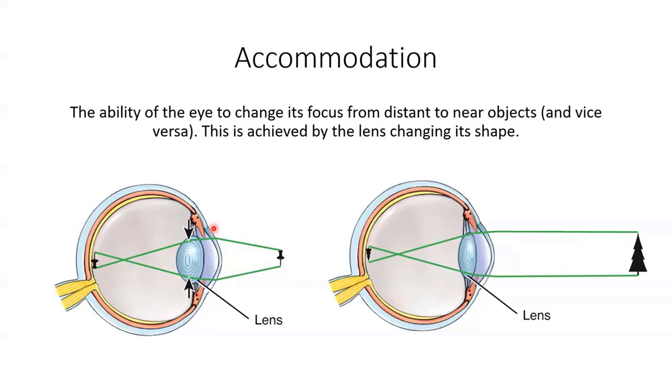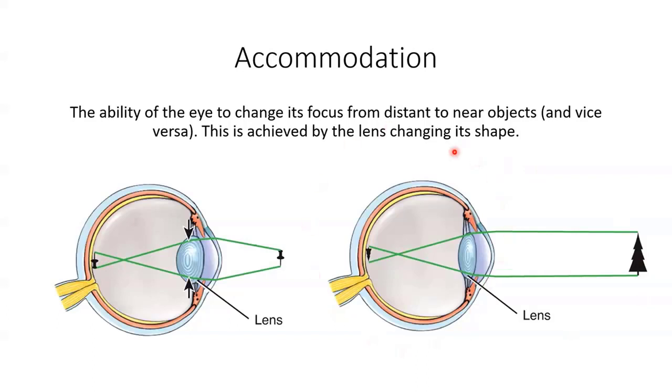Focal length in relation to accommodation of the eye simply refers to the distance between the lens and the retina. When the eye accommodates to focus on objects closer to the eye, the lens becomes more rounded, which increases its refractive power, which is just how much the light bends or changes angle as it's decreasing its focal length.